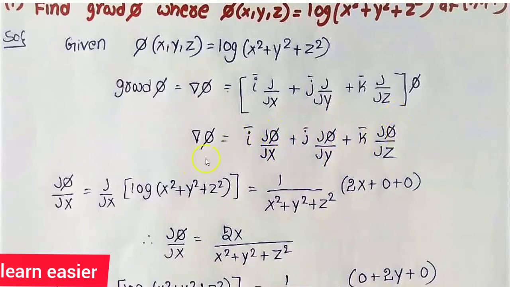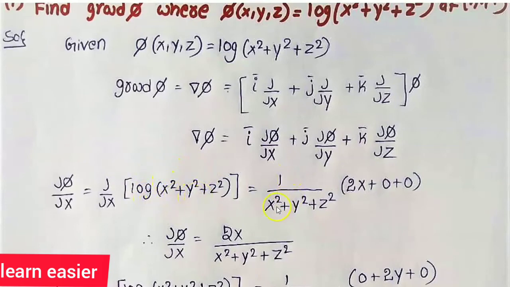So we have to calculate first dou phi by dou x. What is this? It is the partial derivative of phi with respect to x. So we have to take y and z as constant in this partial derivative. So dou phi by dou x is equal to dou by dou x of log of x squared plus y squared plus z squared. The derivative of log x is 1 by x.